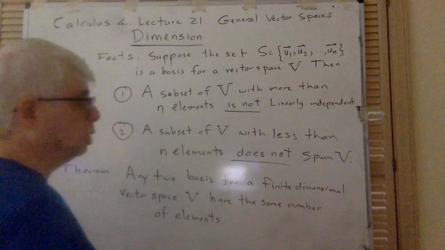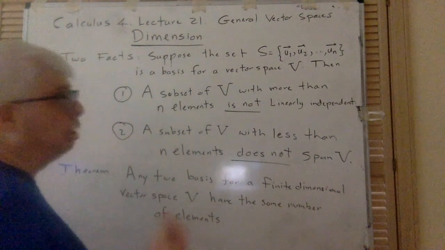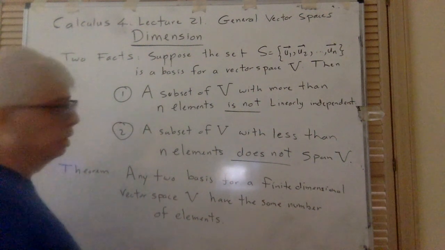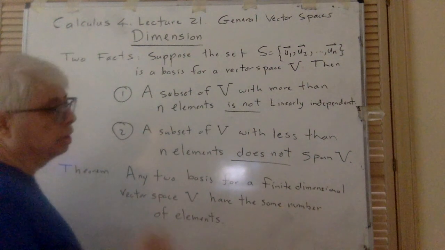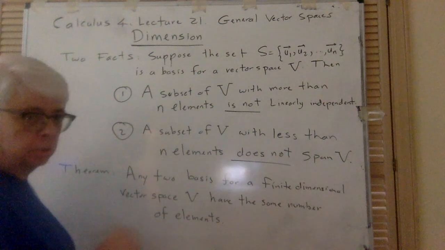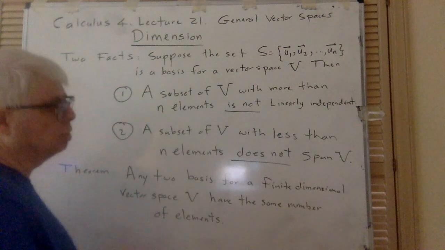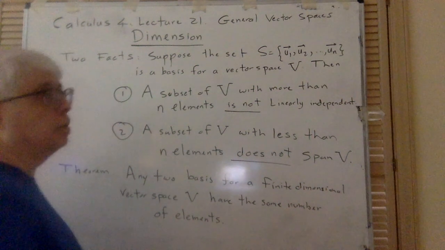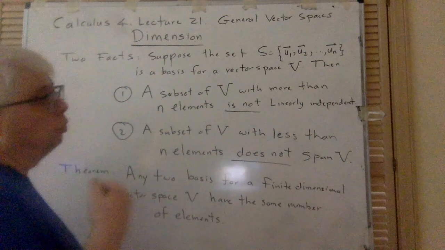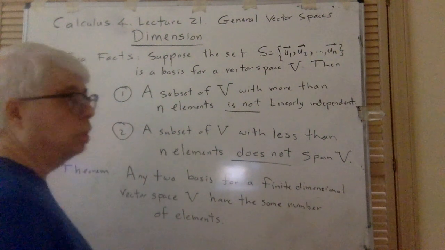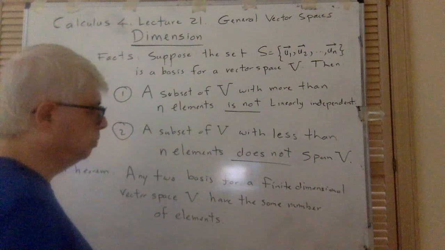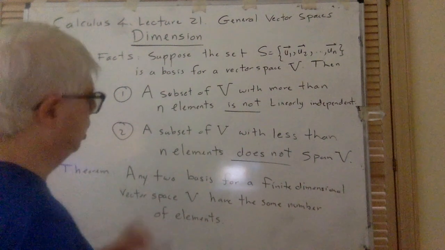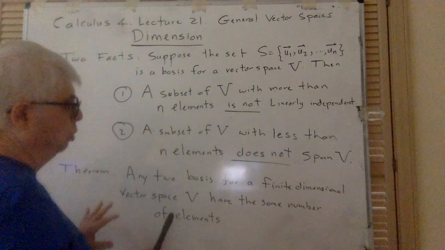So finite dimensional means we can find a basis for V which has a finite number of elements. If we can find that, then we call this finite dimensional. Then this theorem says if you find another basis for this vector space, it should have the same number of elements. So we can use these two facts to prove it in fact.